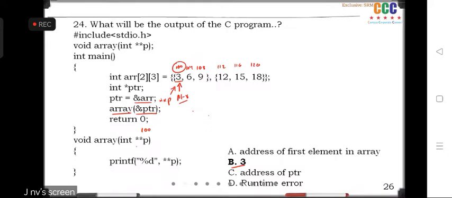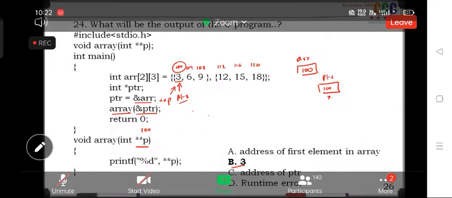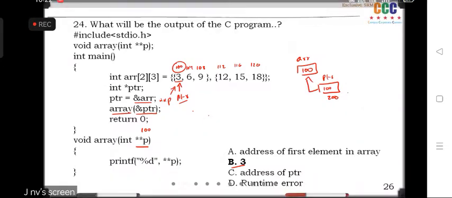To hold that pointer, it is this. Now, ARR is 100, and PTR is 100. Assume that it is at 200, and P is a pointer to pointer which is pointing to 200.